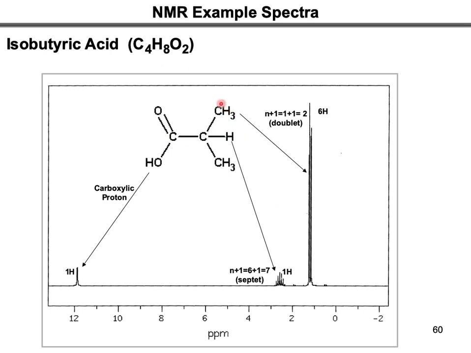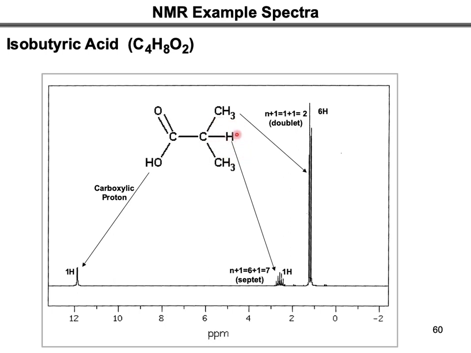Now the third is the splitting pattern. For these six methyl protons, the adjacent carbon has only one proton, 1 plus 1 is 2, a doublet. So these two methyls are split into doublets. It gives the information about the neighboring proton.